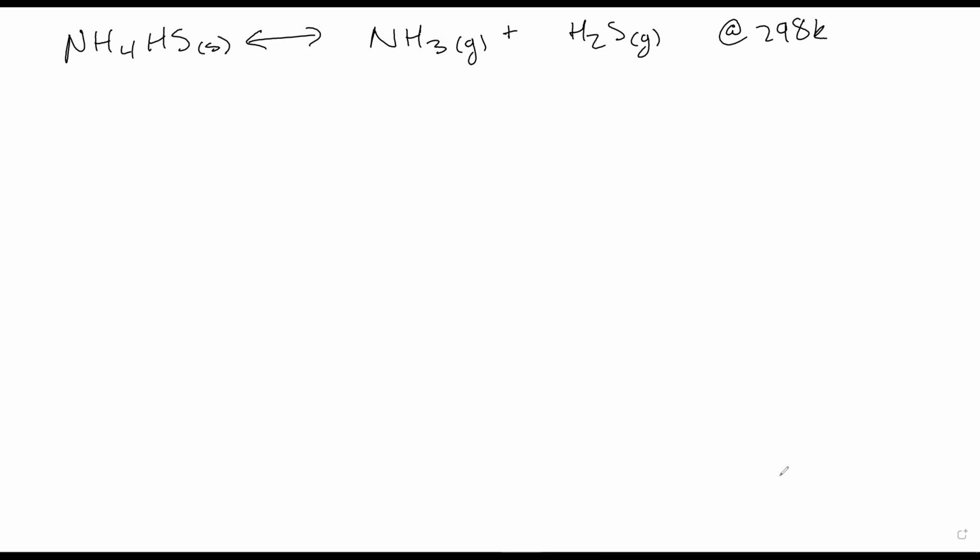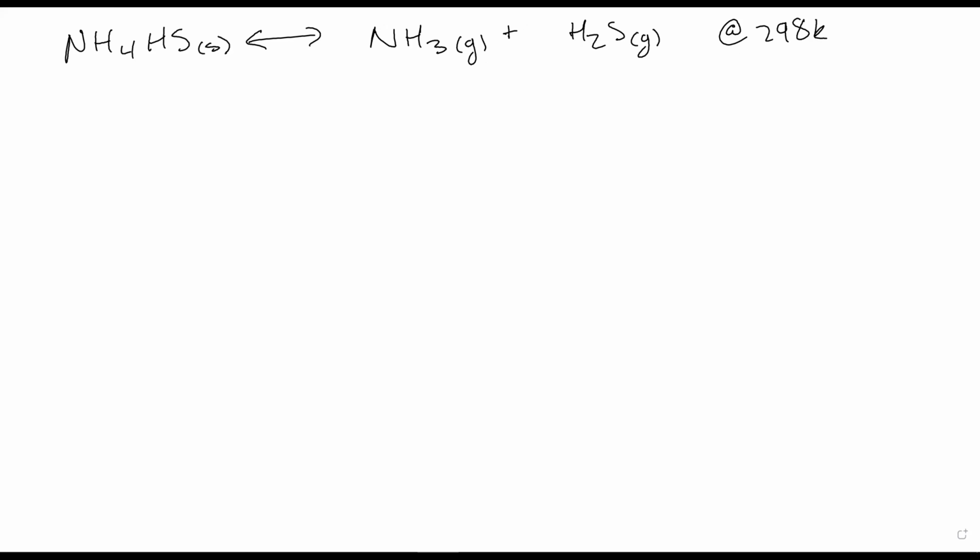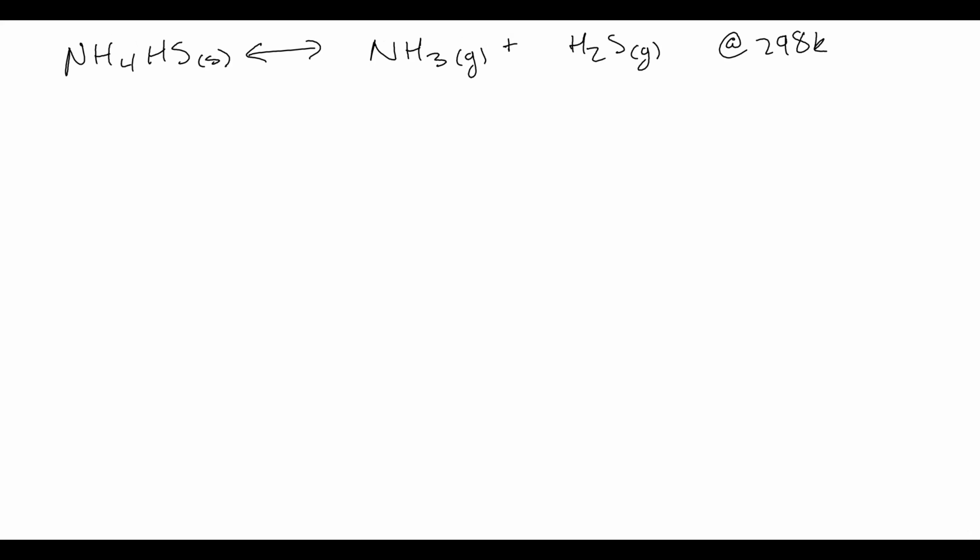This question, if I remember correctly, also gives us some concentrations. An equilibrium mixture of this reaction at a certain temperature has an NH3 concentration of 0.278 molar and an H2S concentration of 0.355 molar. What is the value of Kc at this temperature and what is the value of Kp? So here we're putting all of our collective knowledge together and we're trying to find Kc and Kp.